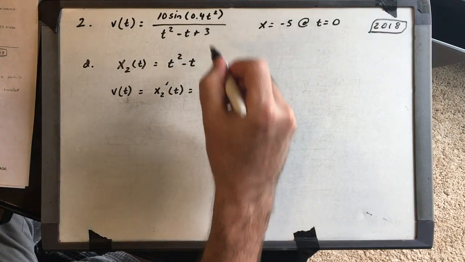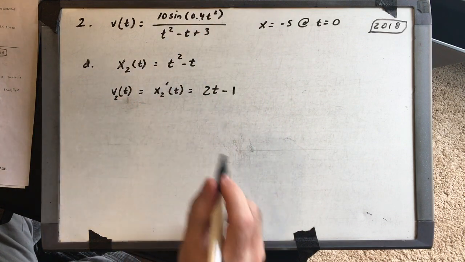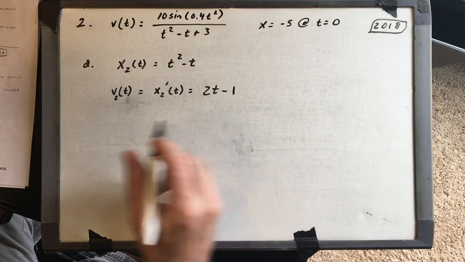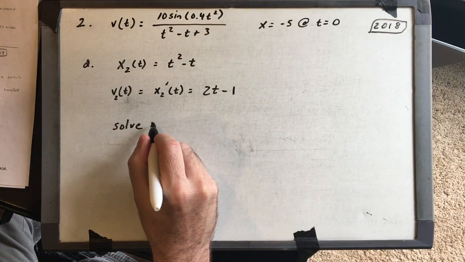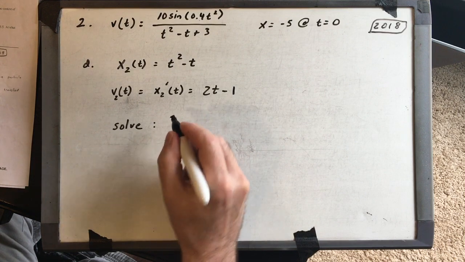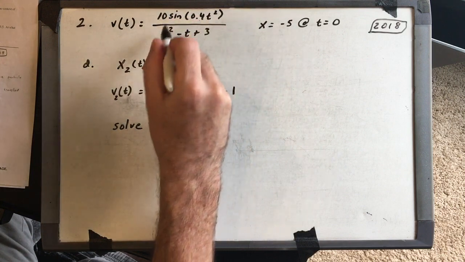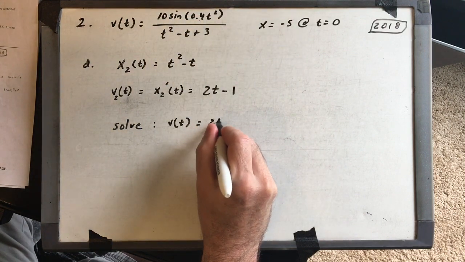And then we want to set those two equations equal. This would be the velocity of particle 2. So we're just going to go into your calculator, hit the solve function, and have v of t, this big nasty thing here, which you can just copy from a previous problem, is equal to 2t minus 1.